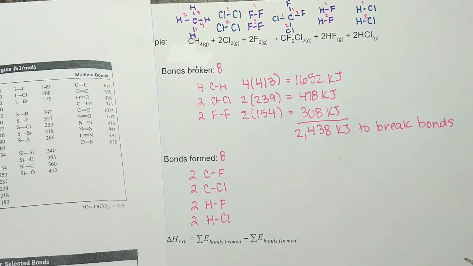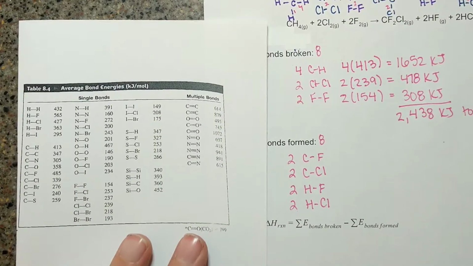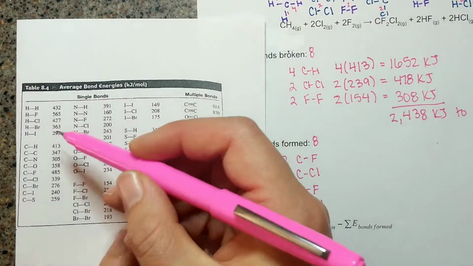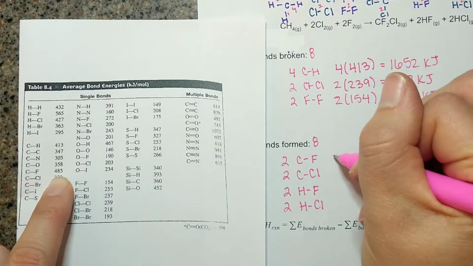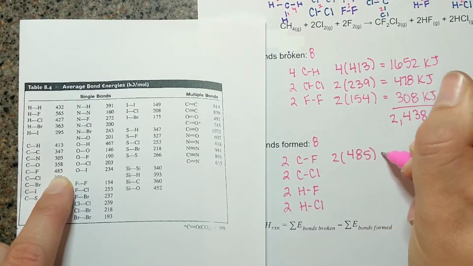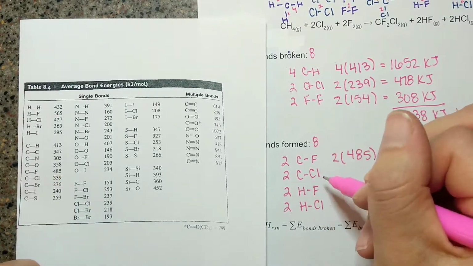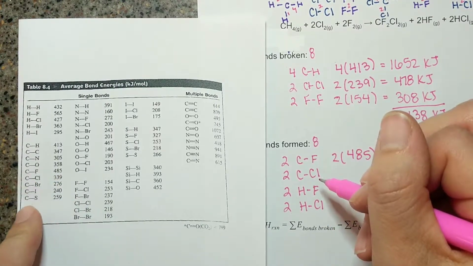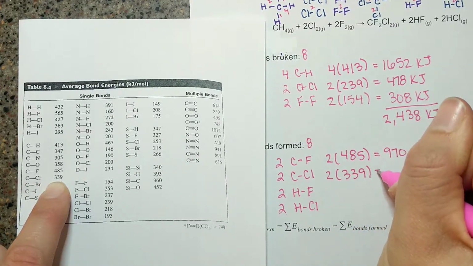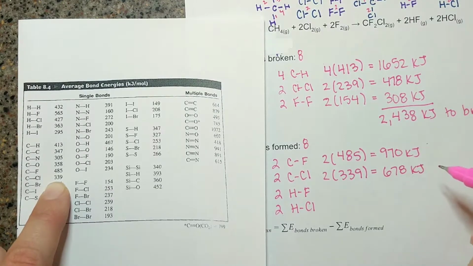For my bonds formed, I do the same thing. I look at my chart. I have 2 carbon-fluorine bonds, so 2 times 485, which is 970 kilojoules. I have 2 carbon-chlorines, 2 times 339, which is 678 kilojoules.